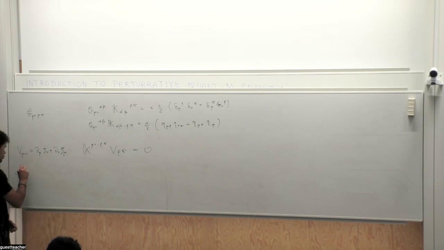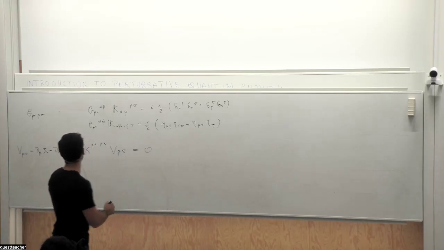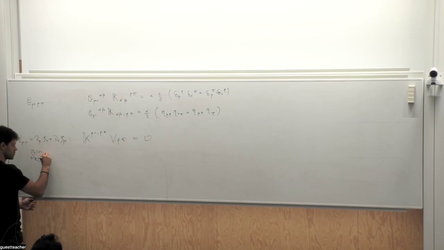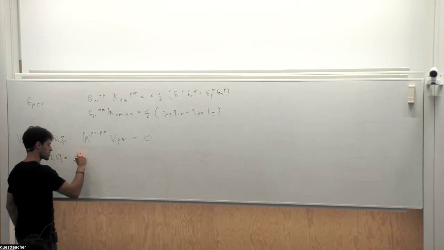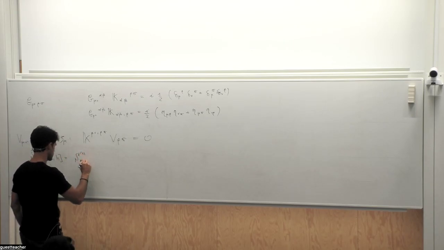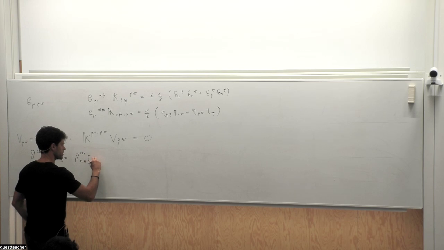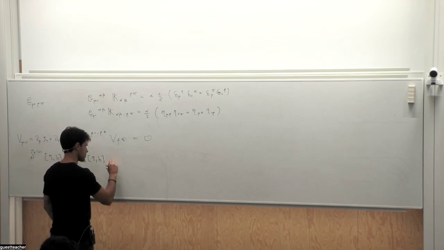So basically, what we do, we define a new action called S tilde, quadratic in h, which is basically the quadratic action that we wrote before of Einstein. I just called it S tilde. That depends on eta and h. And then we add a gauge fixing.